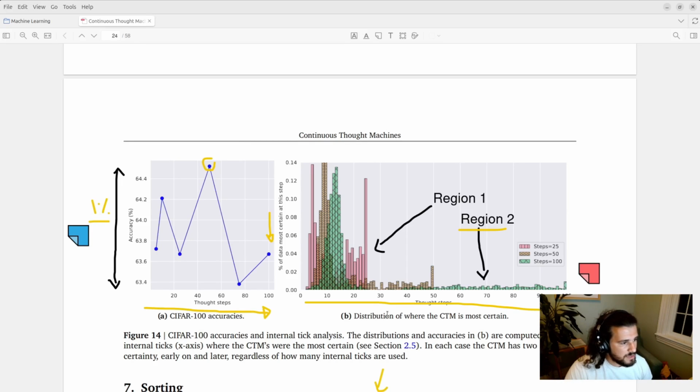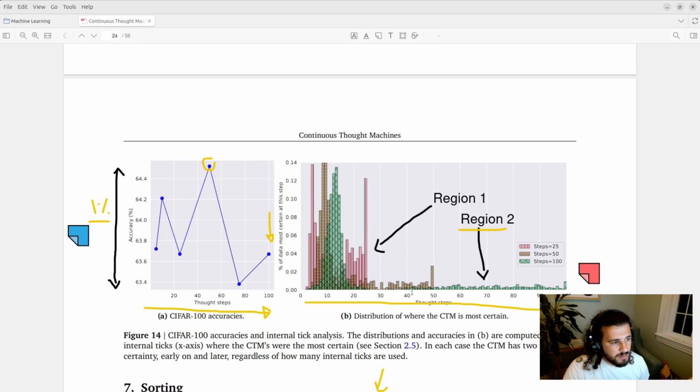And here you see the distribution of where the CTM is most certain, depending on the thought step. This is the percentage of data most certain at this step. There are two distributions when you have, let's say, 50 and 100. There's a very big spike here, where after 10 or 20 steps, the model is pretty certain.